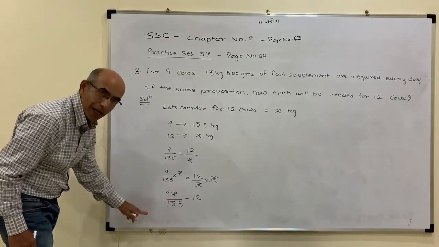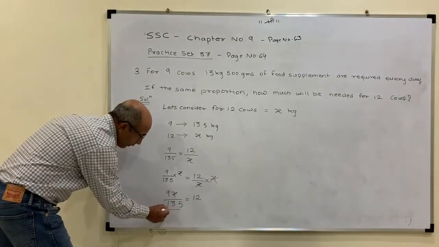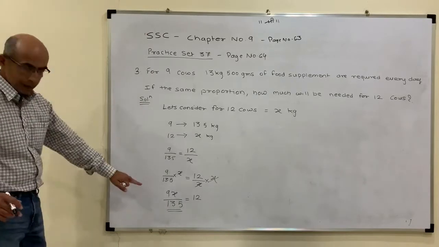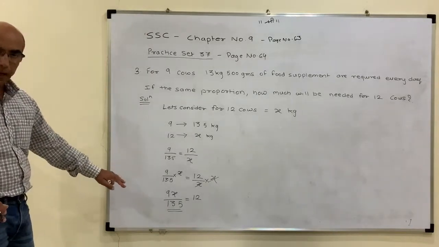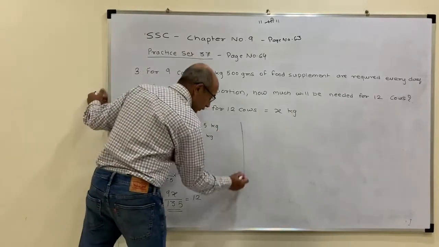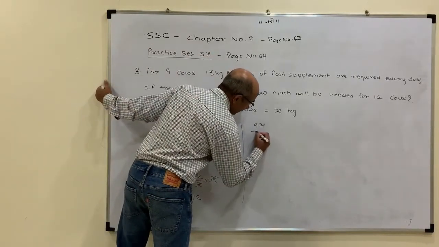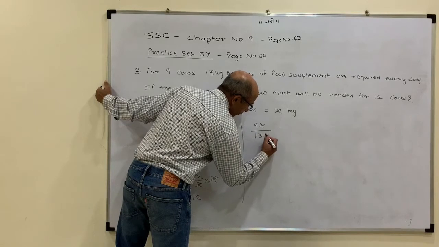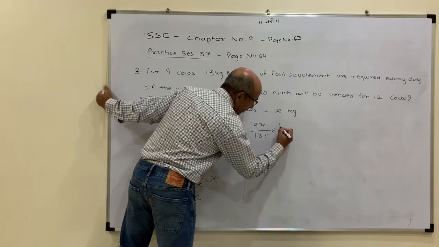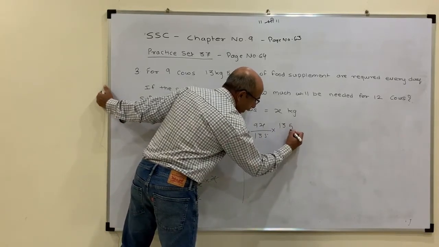Now I need to find the value of x, so I need to isolate x. I'll get rid of this 13.5, which is divided, so I'll multiply by 13.5.